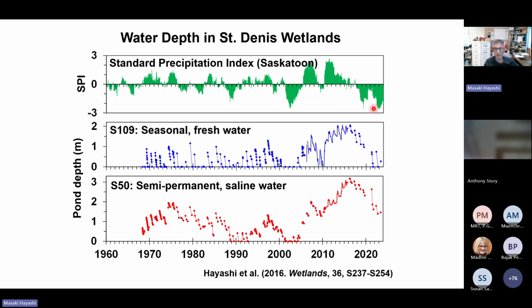So deluge and drought. This past 20 or so years was a big wet period followed by a drought period. So now this seasonal pond became seasonal again in the last few years. So it's going back to the condition of the 1970s and 1980s.